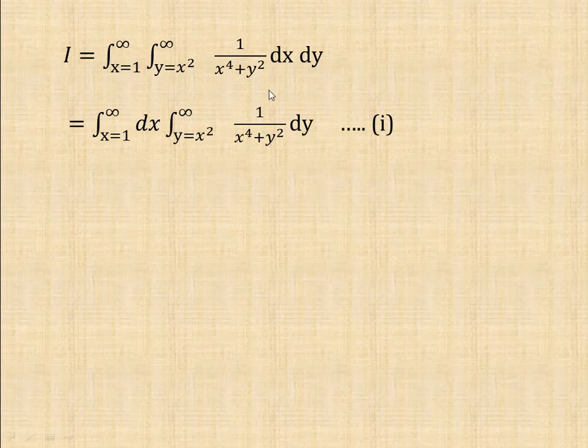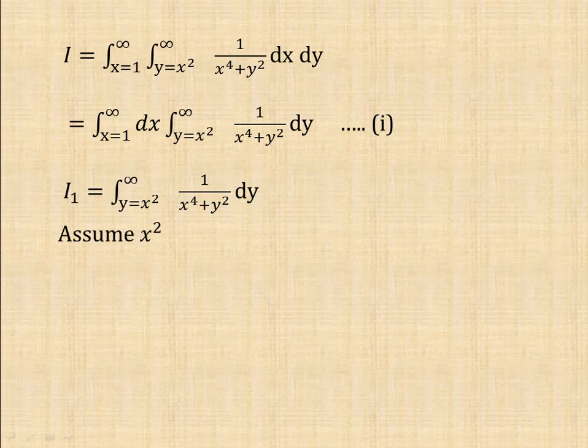Our aim is to integrate with respect to y first. Assume I1 as integral from y equal to x square to infinity 1 by x raised to 4 plus y square dy. While integrating with respect to y now, x is a constant. So for simplicity, I will assume that x square equal to a.